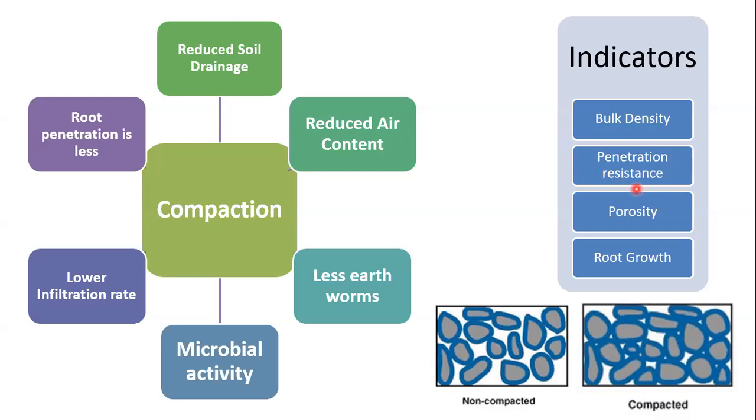For penetration resistance, we can take a rod and put it down into the soil, and then check how it goes in. Then porosity, which we can also see visually and measure.